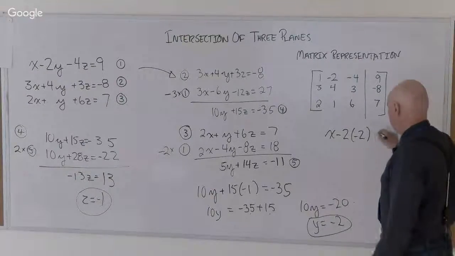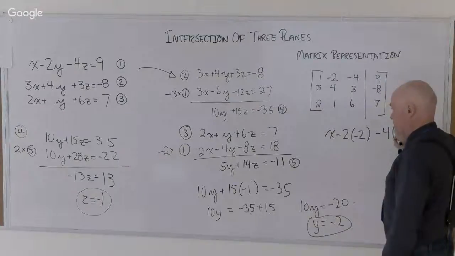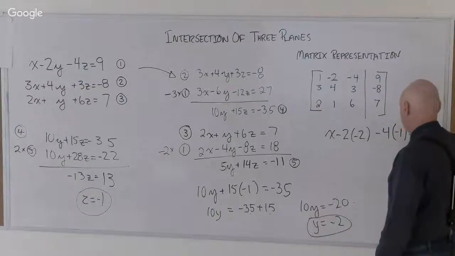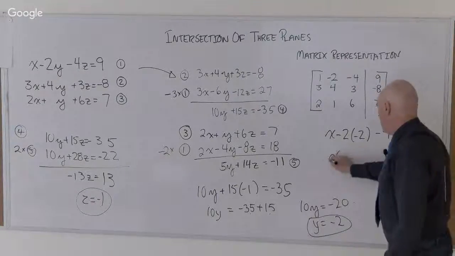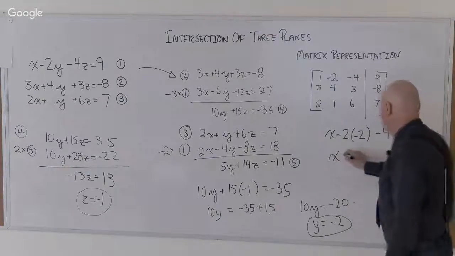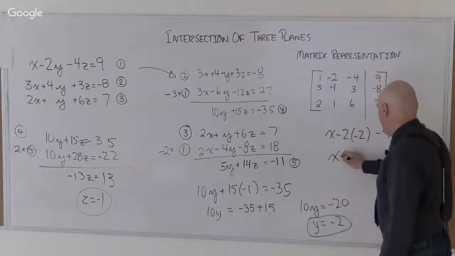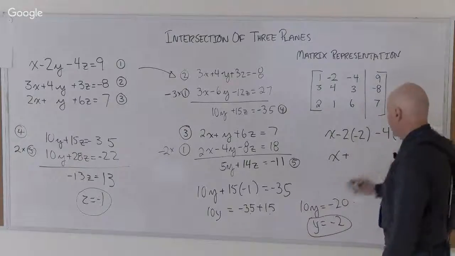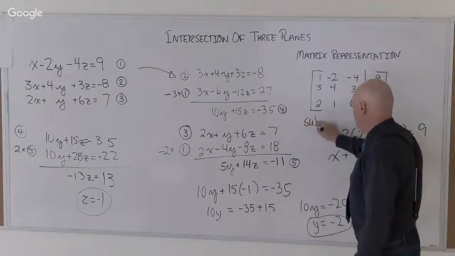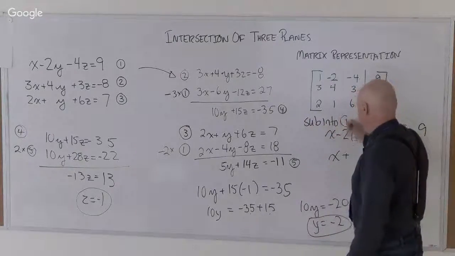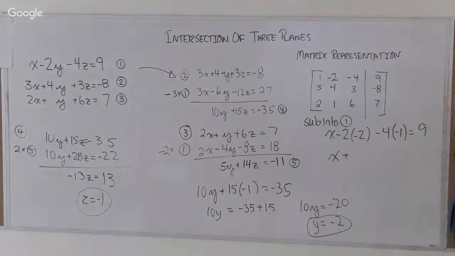We never know. Okay, minus 4. And what is my Z here? Times negative 1 is equal to 9. So X plus 4 plus 4. So, what are you subbing into right now? 1? So, yeah, sub into 1. It should be X minus 4 plus 4 equals 9, right?